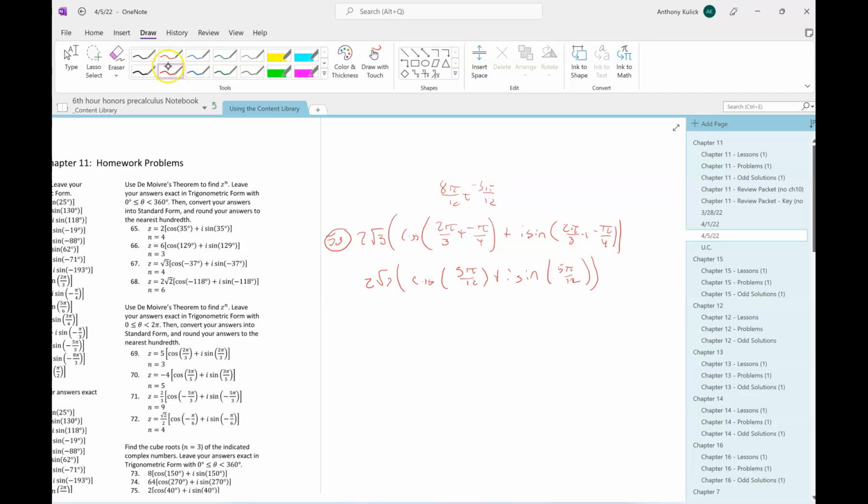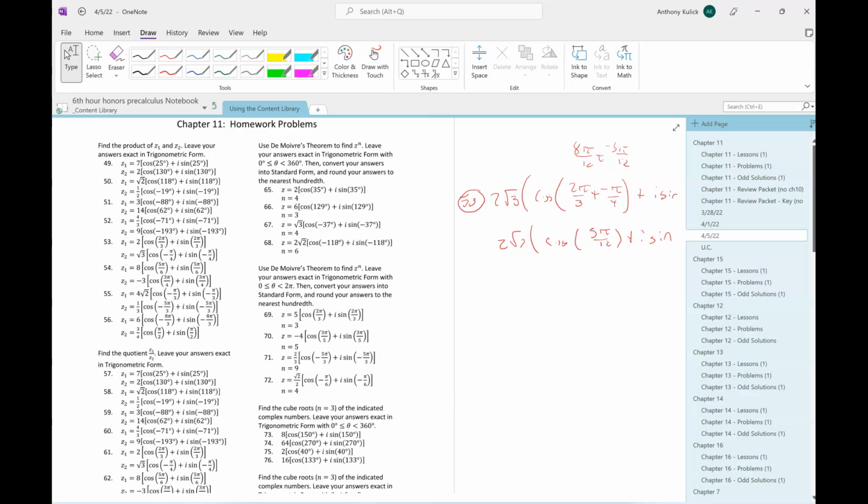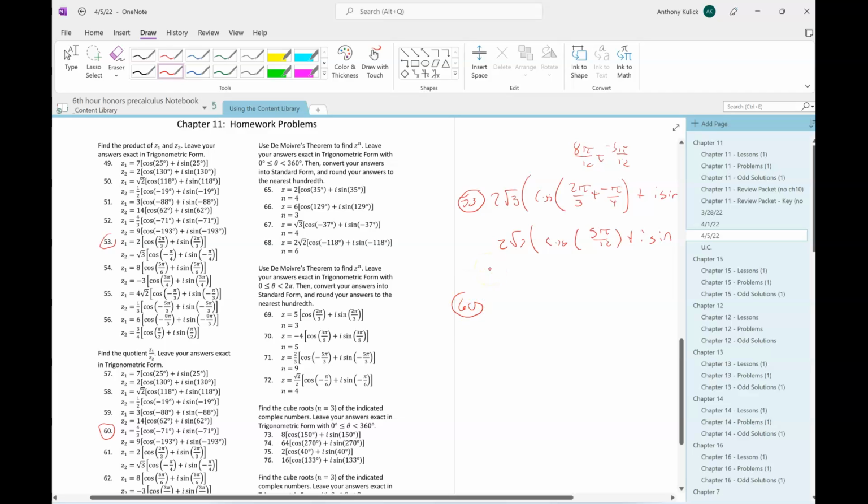Zach, what'd you have? You had your hand up, right? Number 60. So this is just a division. So same idea, we're just going to do the quotient of the z's. So 4/3 divided by 9 is the same thing as 4/3 times 1/9.